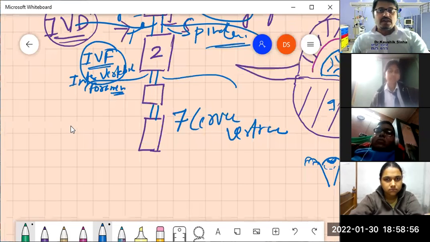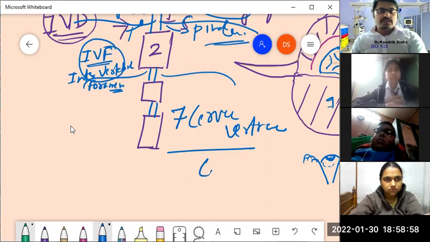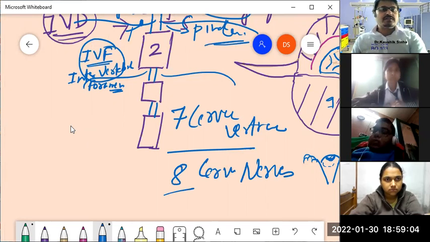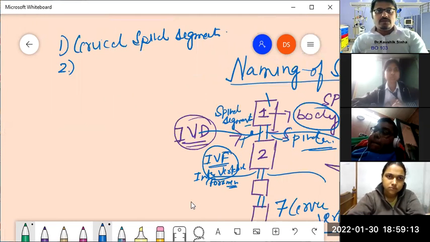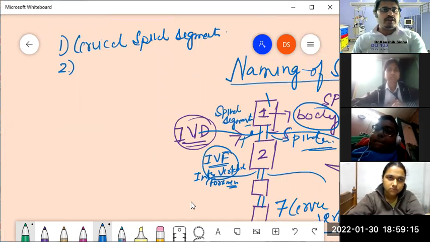But when you speak of cervical nerves, the number is not 7 anymore, rather it is 8. Why 8? Because if you consider the spaces in between the vertebrae, you will find that the number of spaces is 8.